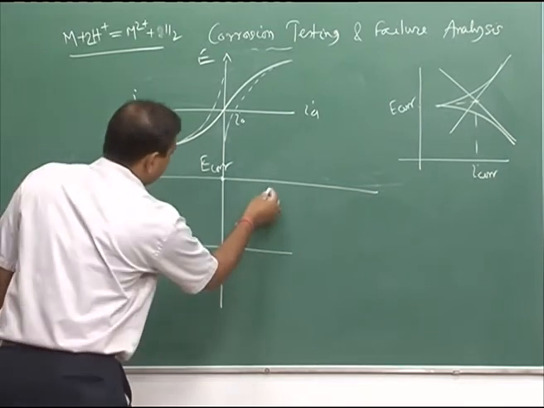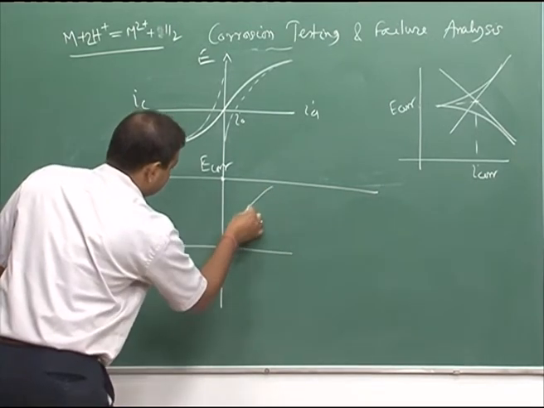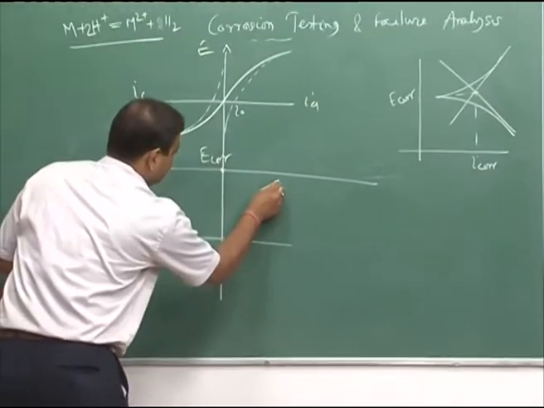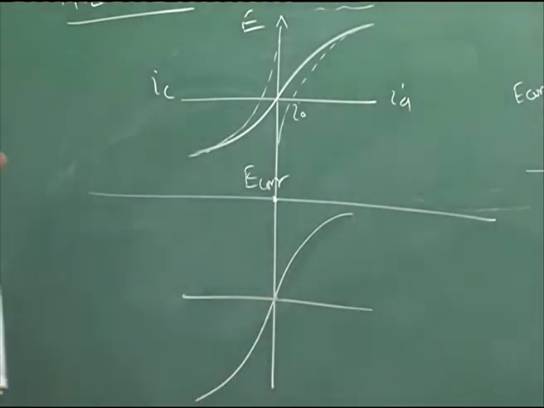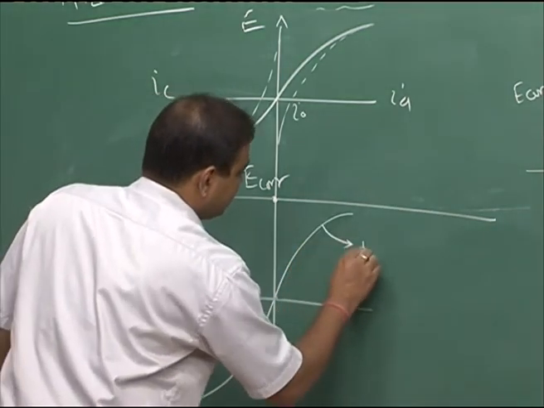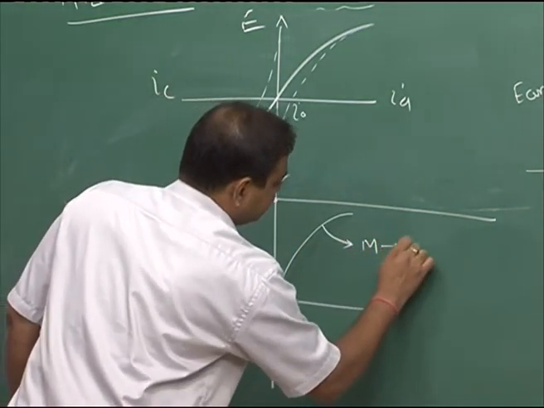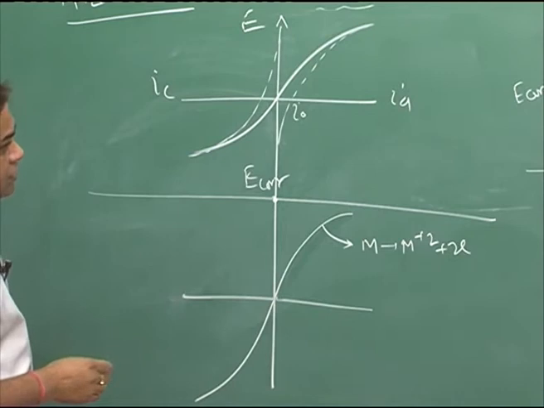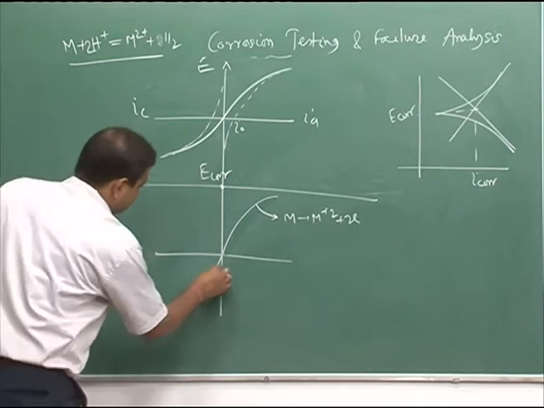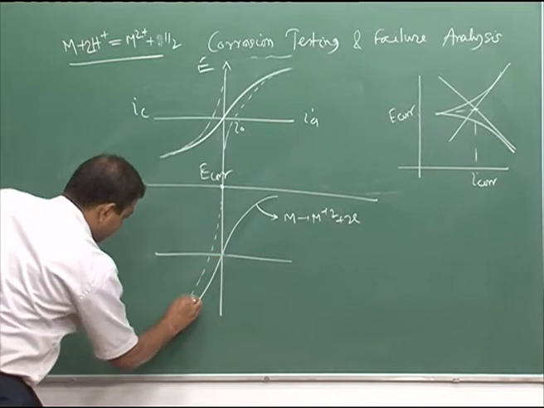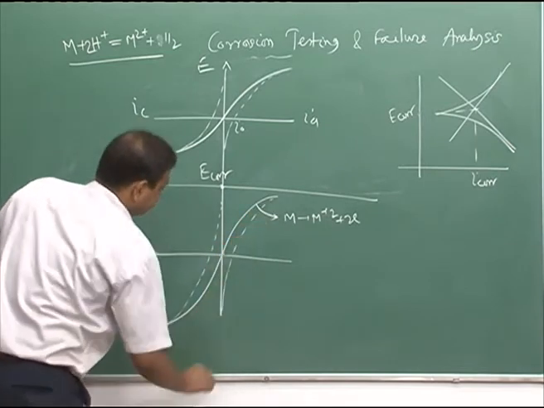The same way we can also think of the anodic side, which is nothing but metal dissolution, in the same way as we have discussed in the case of a single electrode system. Now, this part is metal deposition, and similarly we can find out the I 0 for this reaction.